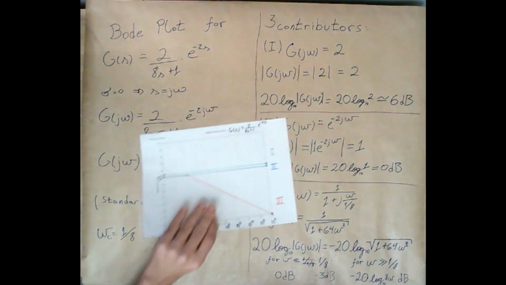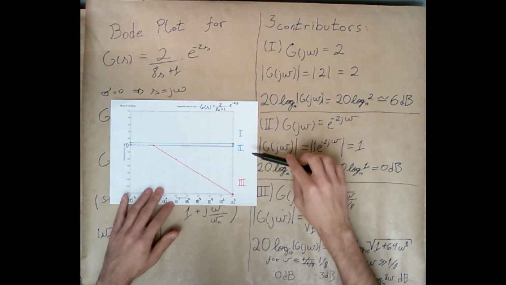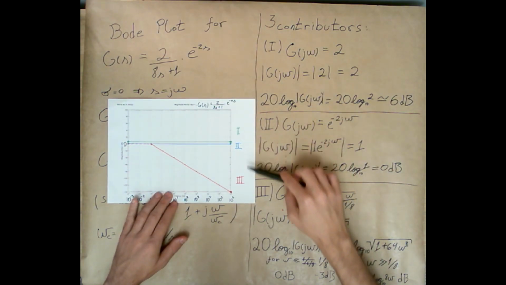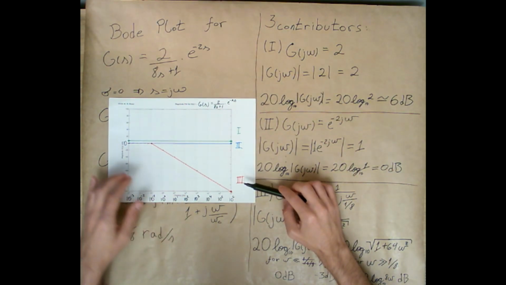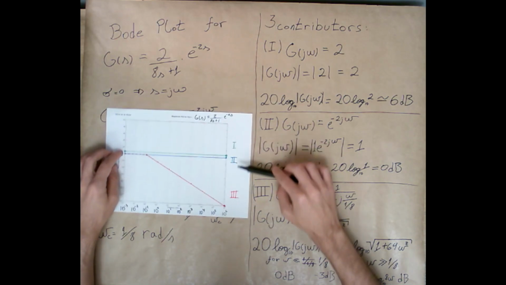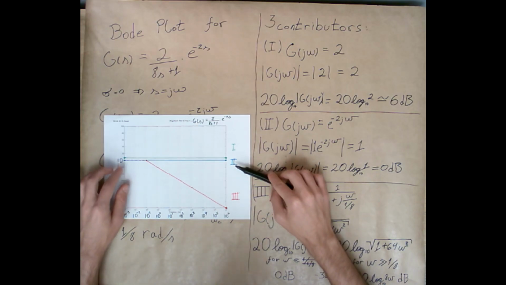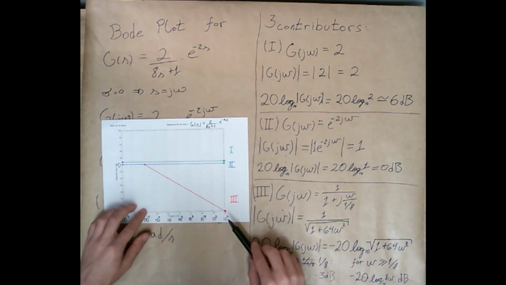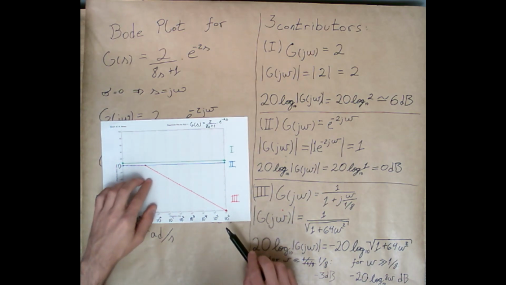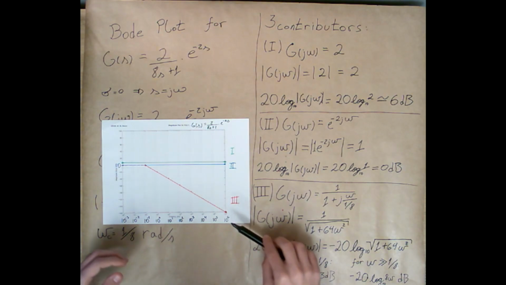That's what we have here in the first version of the diagram. Here we can see the contributions of each one of the three terms. The scalar contributes with a straight line at 6 dB. The exponential pretty much doesn't contribute, and the pole contributes with this slope of -20 dB per decade.